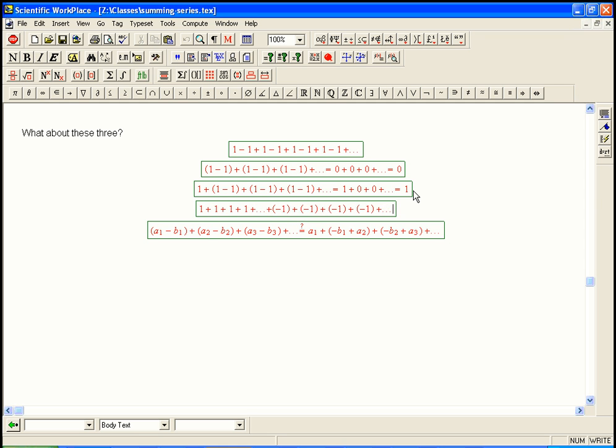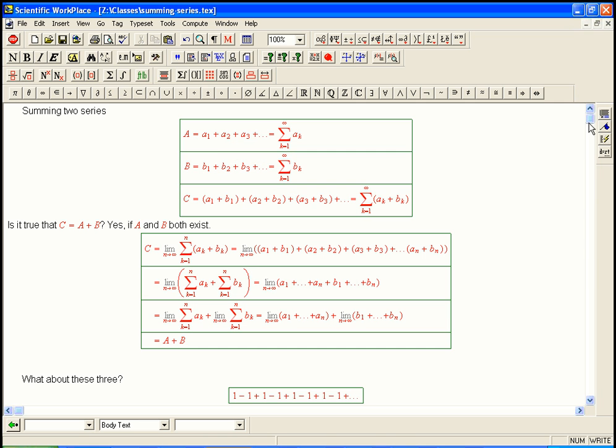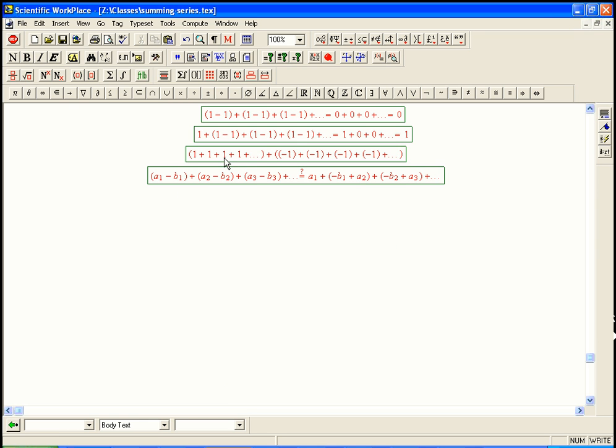Let me make it clear with parentheses here. That would be summing all the ones together and all the minus ones together. If this rule about summing series always worked, and you didn't have to worry about the individual sums existing, then this should work, and I should get, oh wait, but I get infinity minus infinity? Well, that's already suspicious. This doesn't make sense.